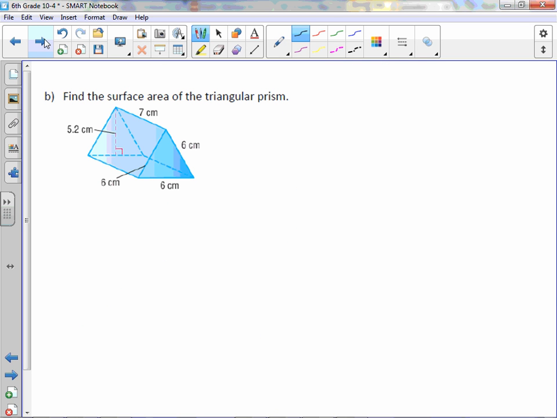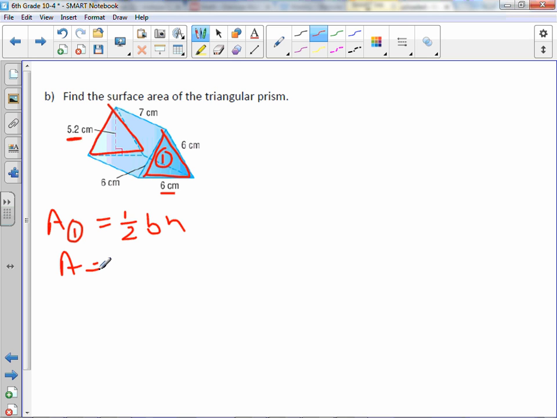Letter B. Find the surface area of the triangular prism. So we have our two triangles that have a base of 6 and a height of 5.2. We'll call this shape 1. And it's 1/2 base times height, which is 1/2 times 6 over 1 times 5.2 over 1.